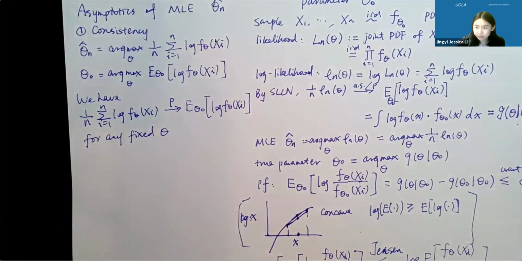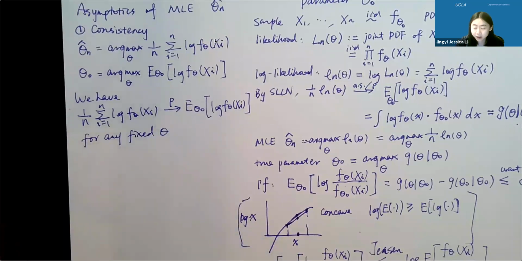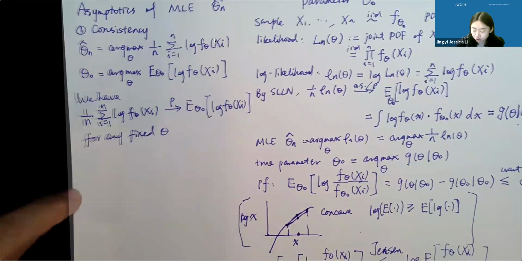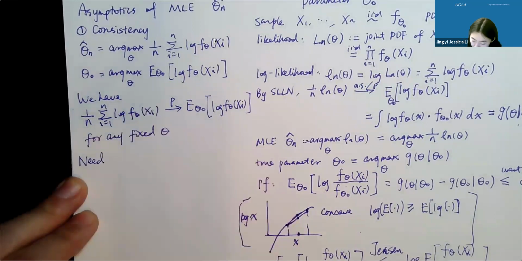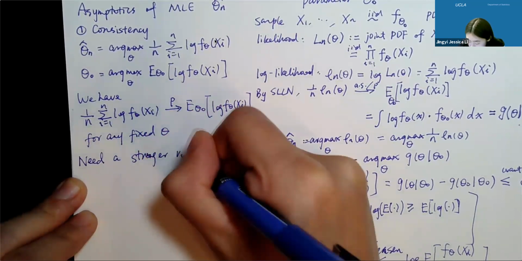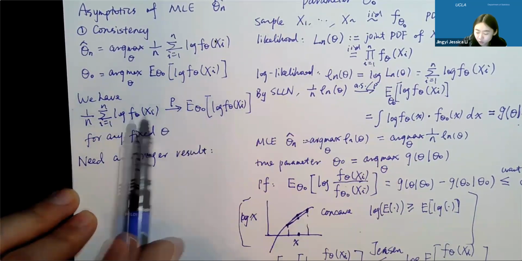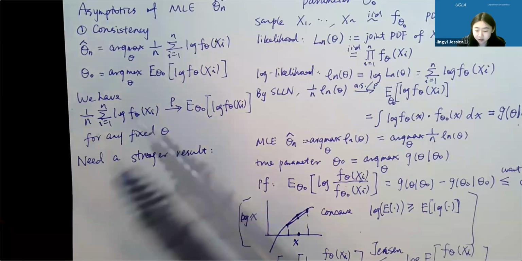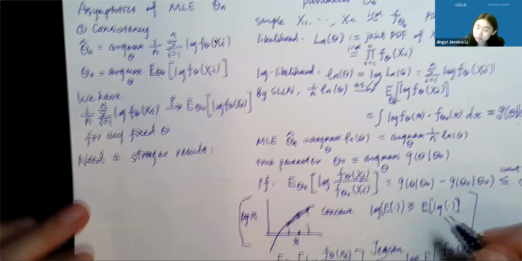But to obtain the maximizer converging in probability to this, we need to vary theta. Theta is no longer fixed. That's why we need a stronger result than this one. That means we have this convergence in probability even though we vary theta, not just for fixed theta. What is that? We actually have a name for this result.